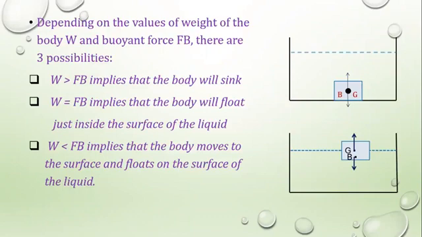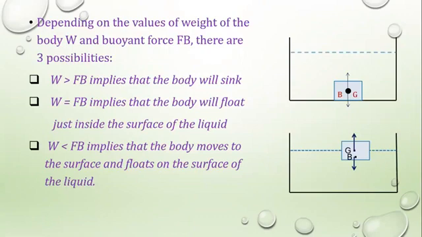In this case, the apparent weight of the body, that is the weight of the body inside the liquid, if you attach a spring balance to that body, will be W minus the buoyant force, acting vertically downward. And in this case, the center of gravity and the center of buoyancy, both points will coincide. The body will sink in this case.